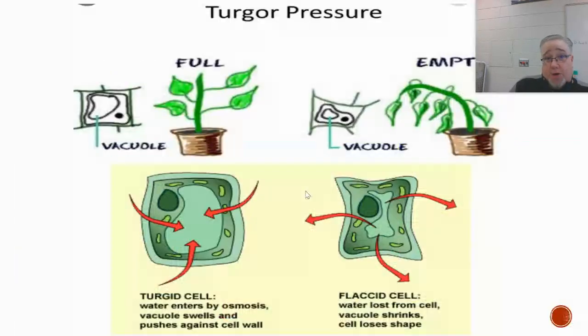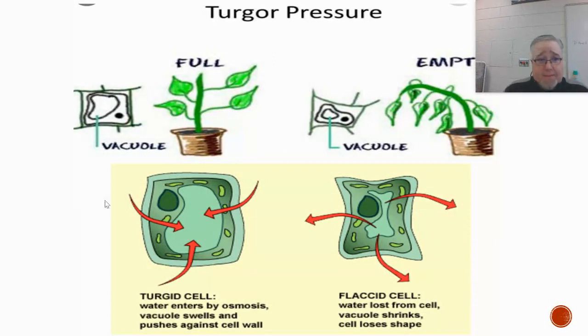Okay, so if we think about a plant or even animal cells, but these are specific to plants, think about the environments that plant cells would have to be in for them to either swell up with water or shrivel, undergo plasmolysis.